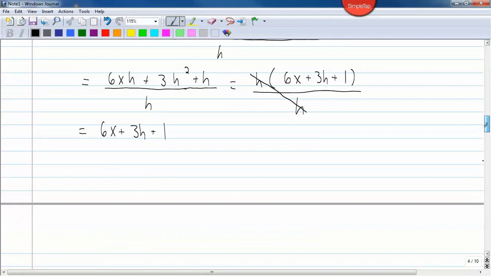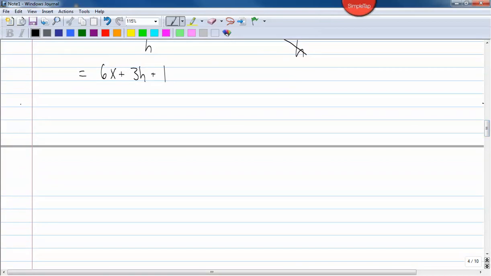Alright, so you take a minute and see if you can do one. Let's say that we had the function negative 2x squared plus 3x minus 5.